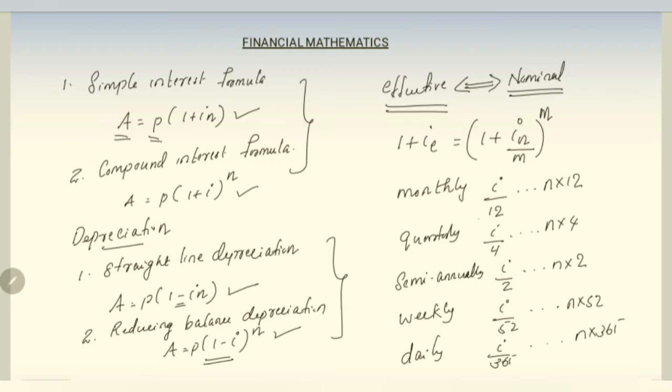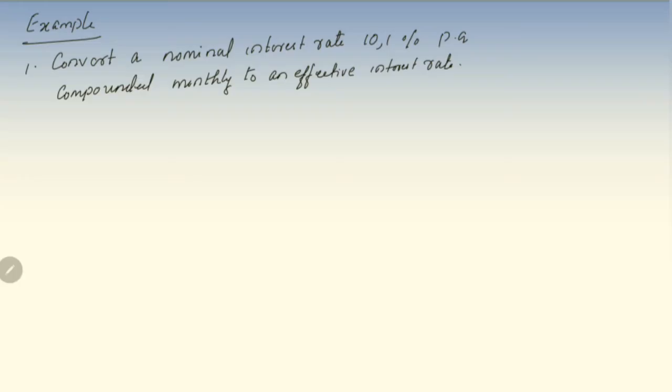This is how you have to make the corresponding changes. So these all are talking about the nominal interest rate, so that m value you have to change accordingly. Is it clear? Let us do 1 or 2 questions based on this conversion.